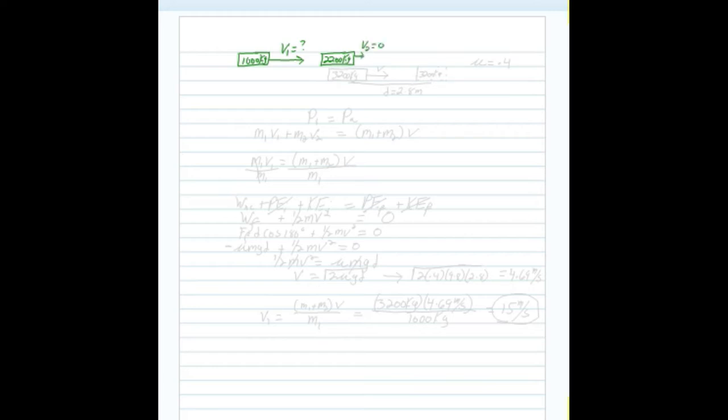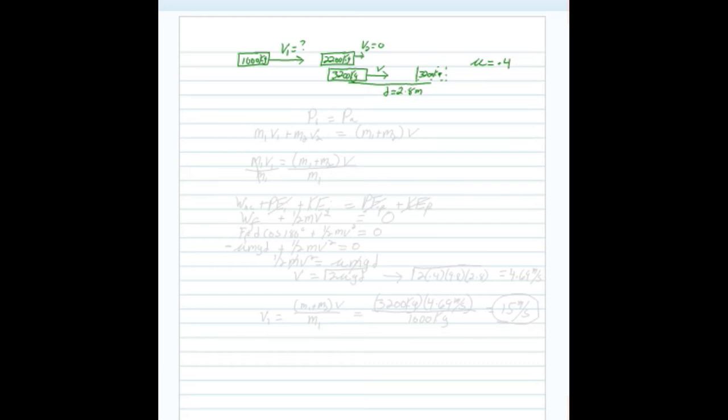And then afterwards, they're stuck together, so it's like one big mass of 3,200 kilograms moving in this direction. And it skids a distance of 2.8 meters, so it ends up over here somewhere. They also tell us that the coefficient of kinetic friction is 0.4.